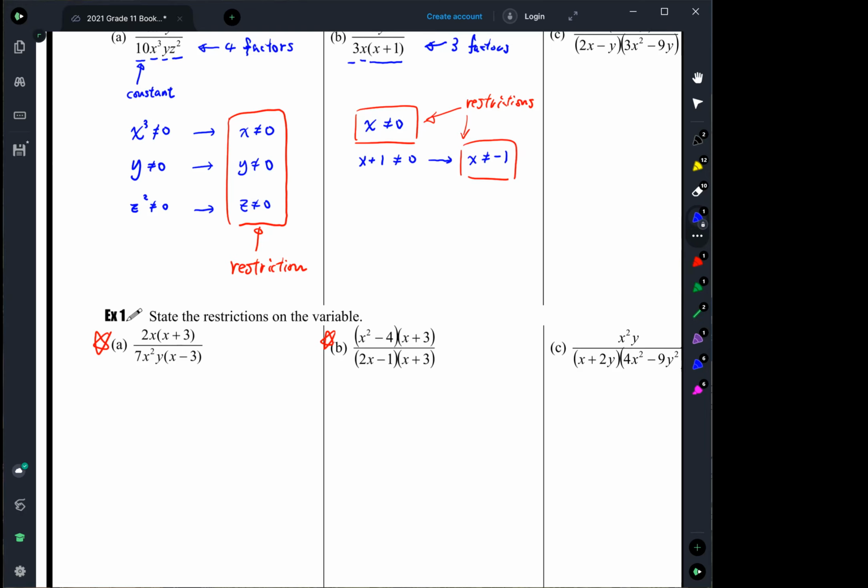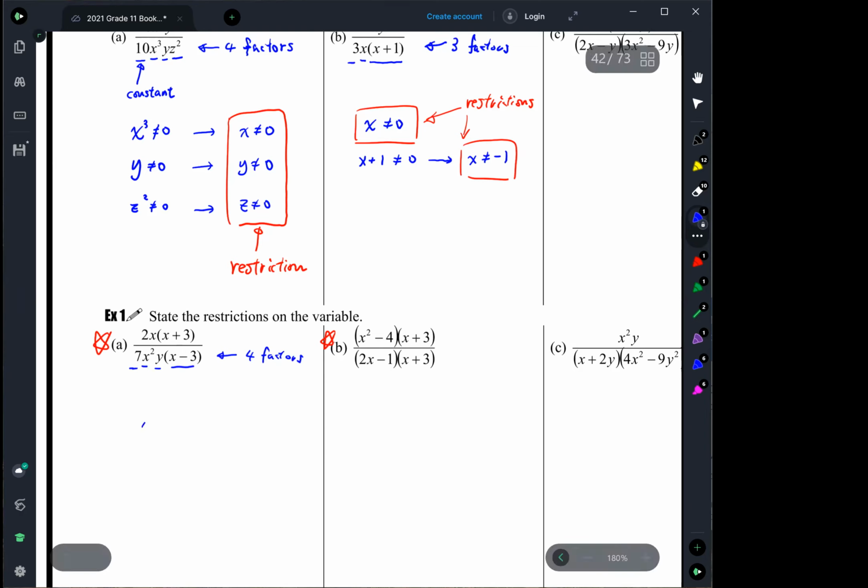Very good. Which 4? 7, x squared, y, and x minus 3. Very good. So this one we have 4 factors. However, we should only have 3 restrictions. The 7 is a constant, so it will never be 0.